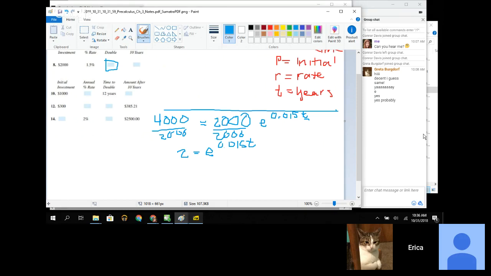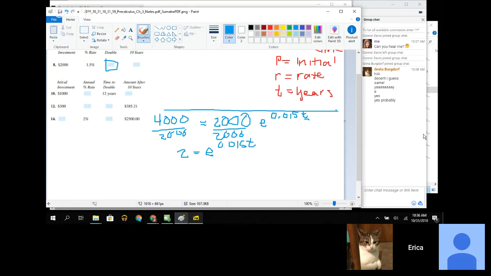So back in 3.3, which I forgot to teach you, we learned about something called the power property, which means that if you take the natural log of e, we can do that to both sides, and that's actually going to take our exponent and bring it down to the front.